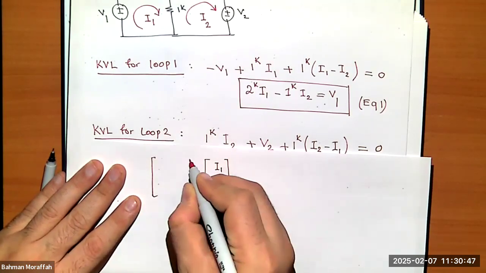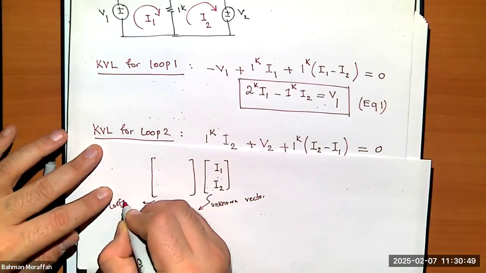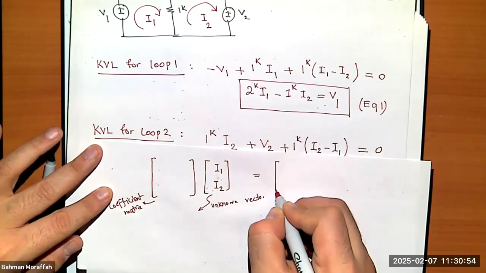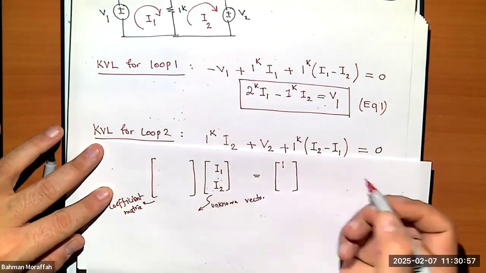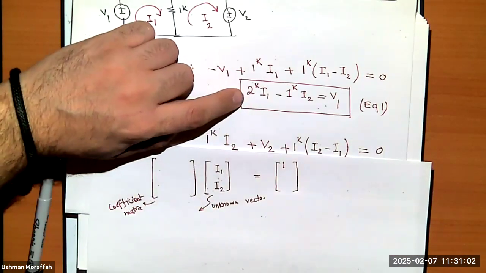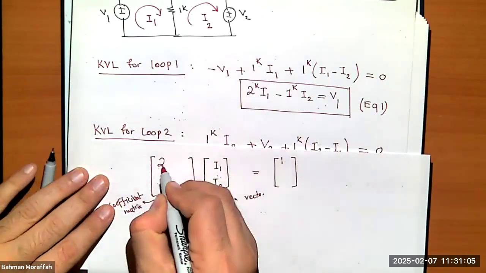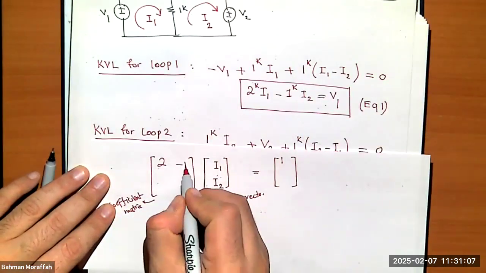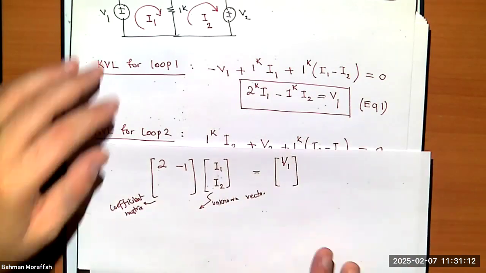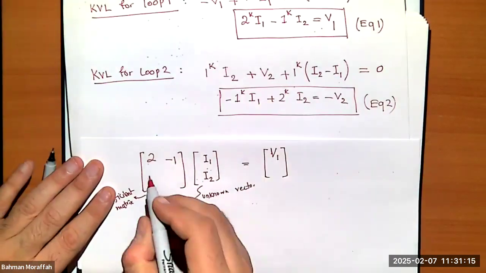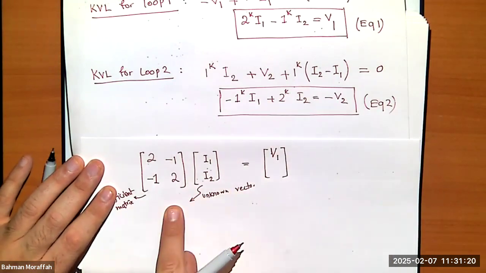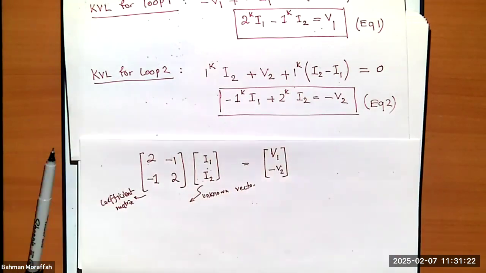I have my coefficient matrix, and that should be my constant vector. The first equation tells me 2K I1, so I put a 2 over here, negative 1 I2. That should be V1. The second equation tells me negative I1, so negative 1, plus 2K I2. That should be minus V2.